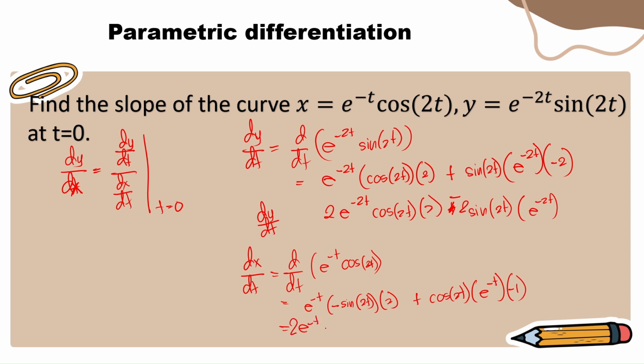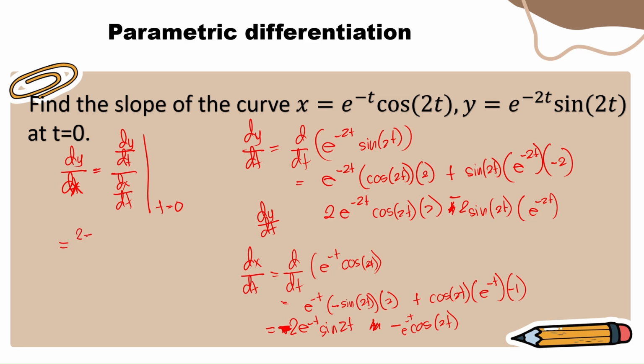So, that will give us negative e raised to negative t. There is a 2 here, and also a negative. So we get e raised to negative t times 2 sine 2t plus or minus cosine 2t. That will be the answer. Then substitute it here.